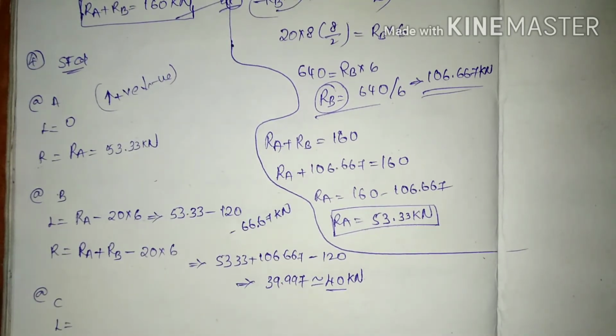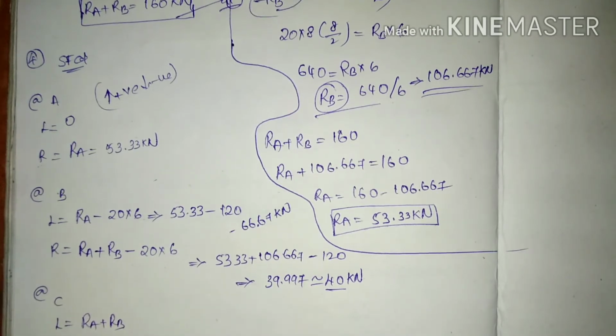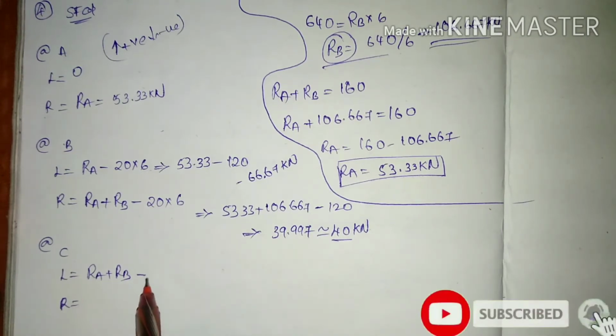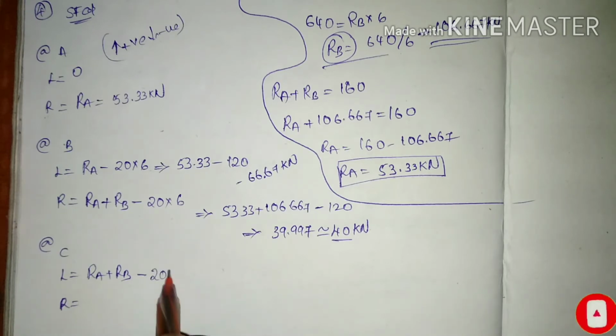And next, moving on to C. For the left of C, we have the same, but the UDL is going to be expanded for the 8 meters. For the left, we have RA plus RB, both the reactions, minus the UDL for the entire span up to C, that is 20 into 8.